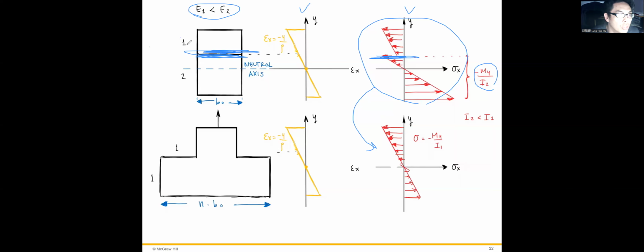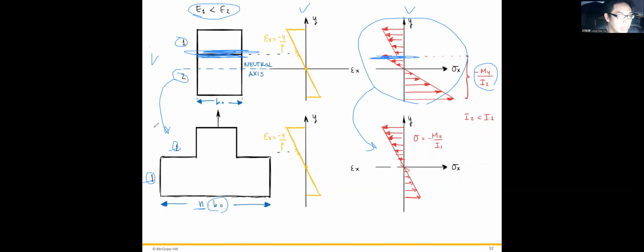We have to convert these two materials into one material. How? We just change the width of material two. We just increase the width by a factor of n times the initial width of material two.